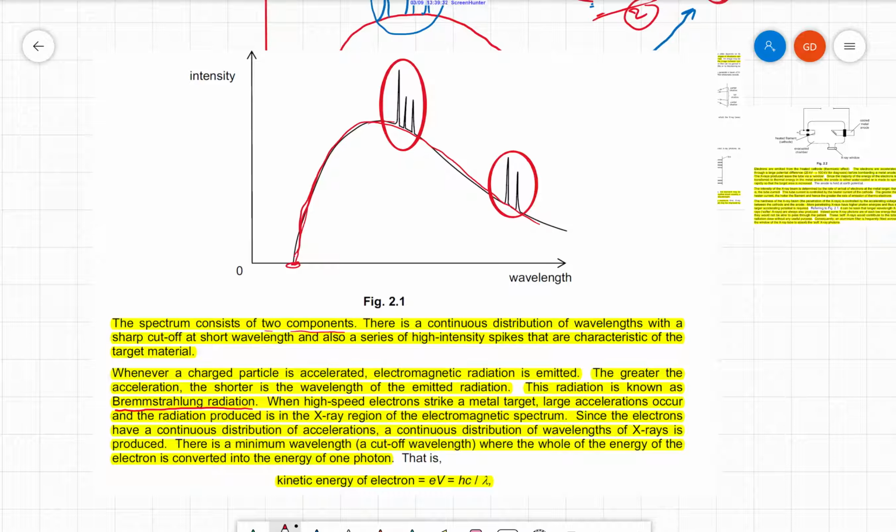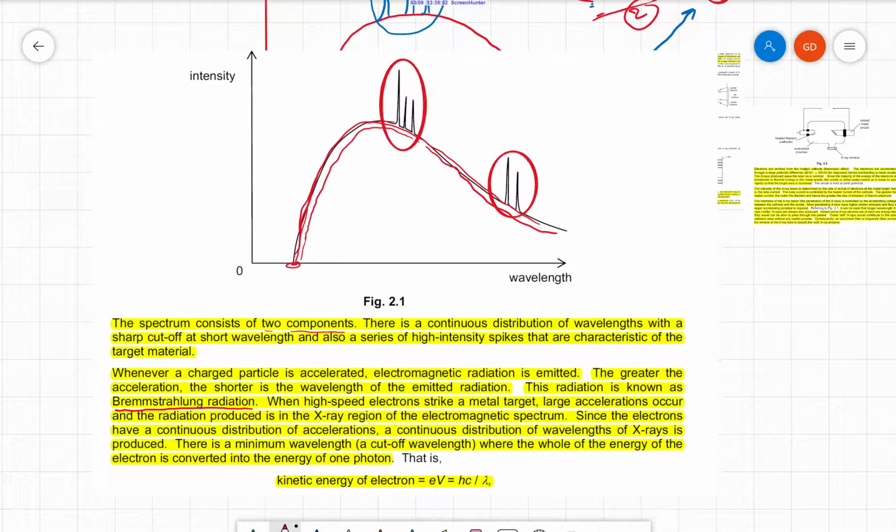So as we move this way, we now understand that this corresponds to X-ray of higher energy, which are due to electrons of higher kinetic energy or higher acceleration.